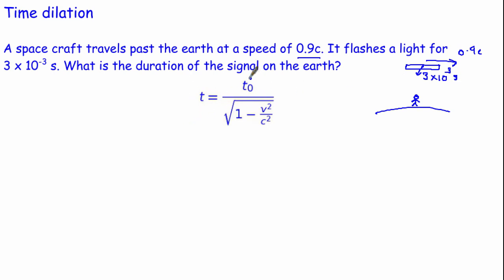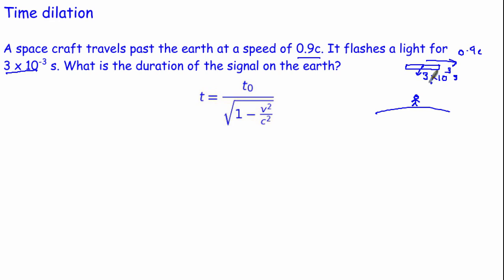So what we need to do is say, am I working out this time or am I working out this time? Well, the light is flashed for this long on the spacecraft. So for somebody sat on the spacecraft, this is how long the flash of light is. So according to us, this is the proper time.